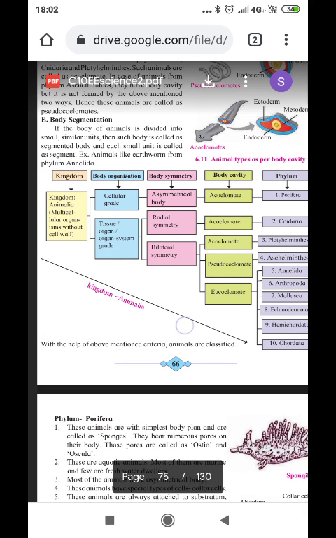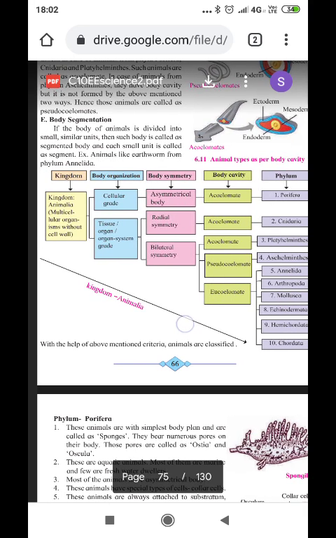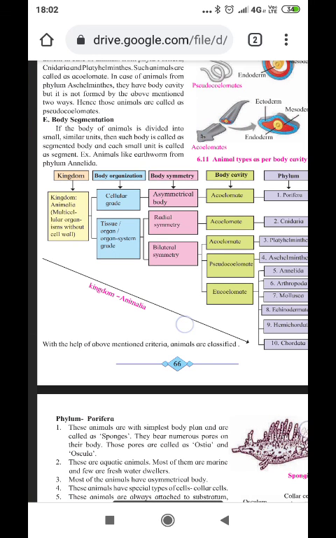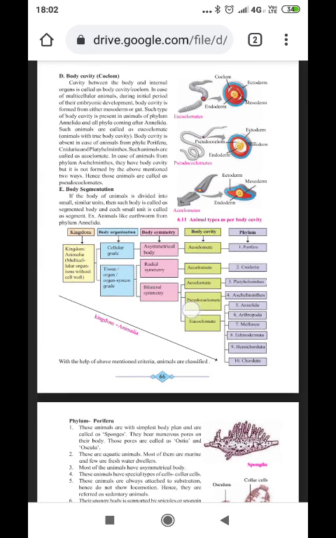Then body organization is divided into two parts: cellular grade and tissue or organ system grade. In cellular grade, an asymmetrical body is there. In tissue or organ system grade, again two parts are there: radial symmetry and bilateral symmetry.